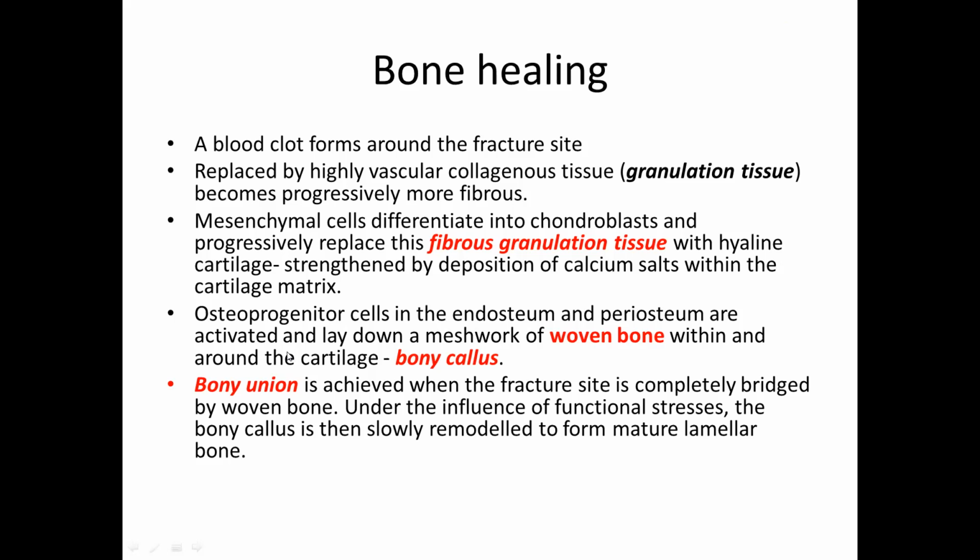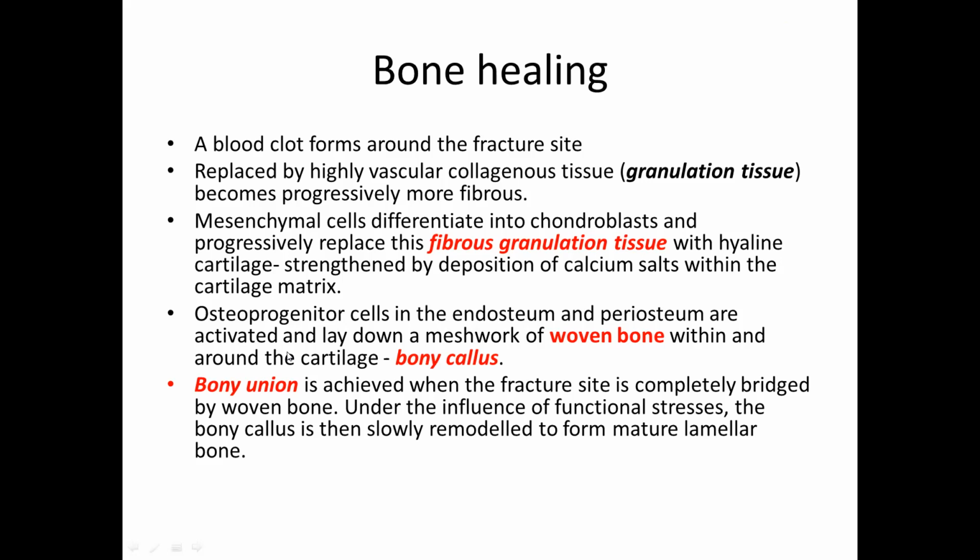And these blood vessels will slowly contract and this area will become more and more fibrous. After a while, mesenchymal cells there will differentiate into chondroblasts and progressively replace this fibrous granulation tissue with hyaline cartilage. And it will be strengthened by the deposition of calcium salts within the cartilage matrix.